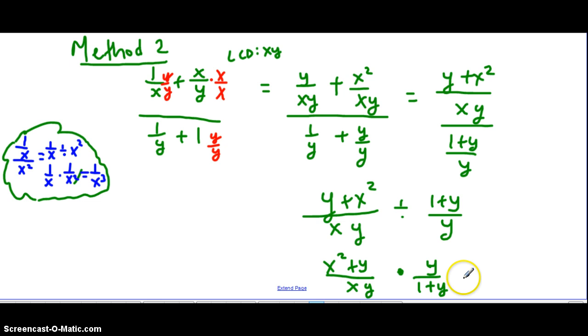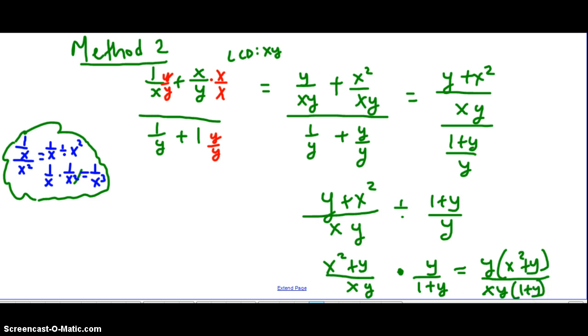Now we're multiplying here, and before you multiply with fractions, try to see if there's anything you can cancel. I don't see anything common here or in here, but if you look at the y here, there's a common factor in y and the bottom, because we can always put this across as one fraction. So it would be y times x squared plus y over xy times 1 plus y.